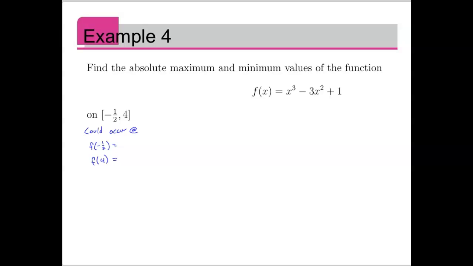So the first thing I want to do is find the critical values. All right, and critical values just involve taking the derivative, setting it equal to 0, and solving. So f prime of x equals 3x squared minus 6x.